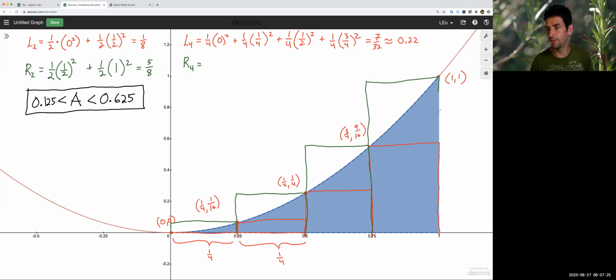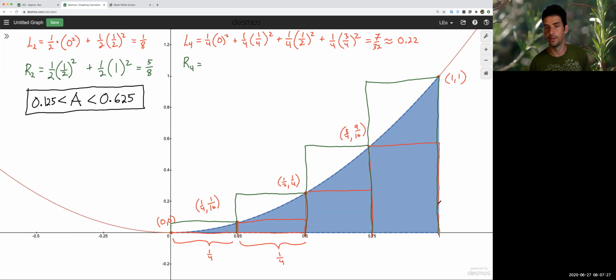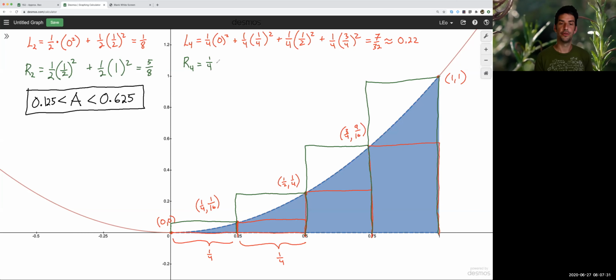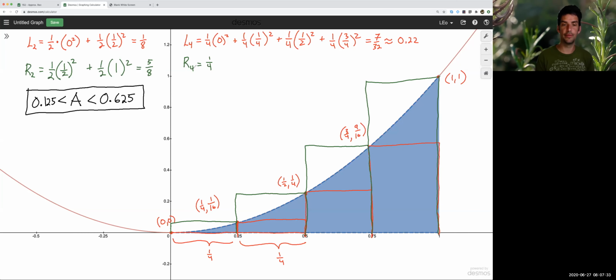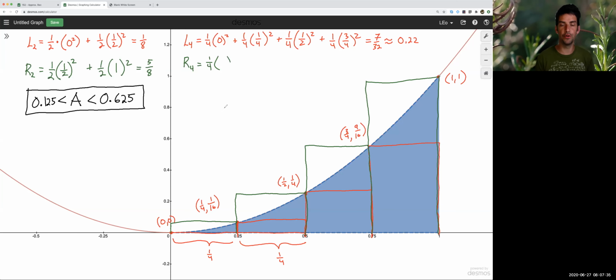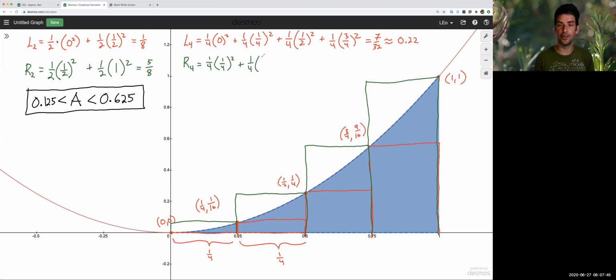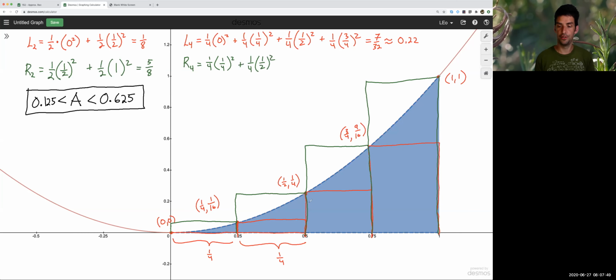Right? And so now I have 4 rectangles here. So, same idea. The first right endpoint rectangle has a width of 1/4, but now the height's not 0. I looked to the other side and got a height of 1/4 squared. The next right-hand rectangle has a width of 1/4 and a height of 1/2 squared.